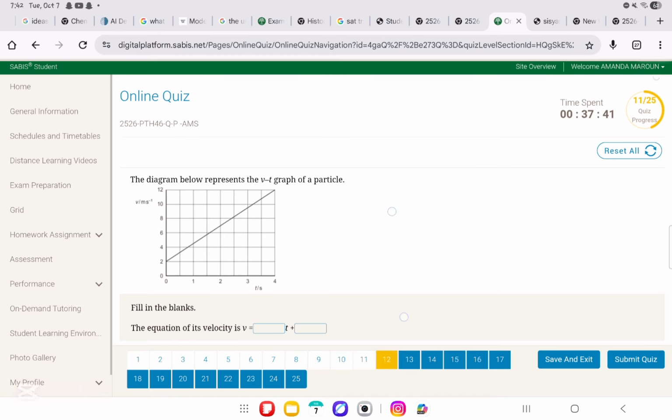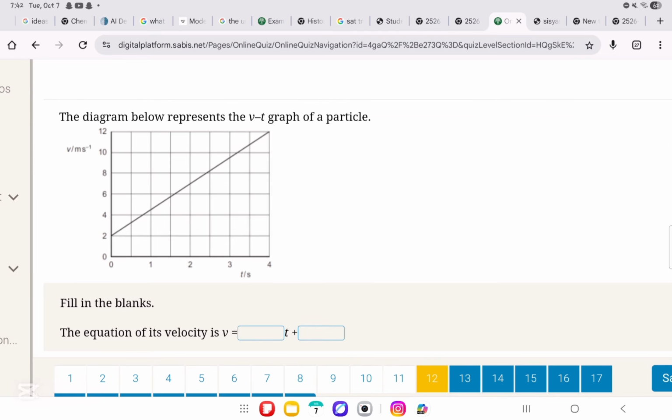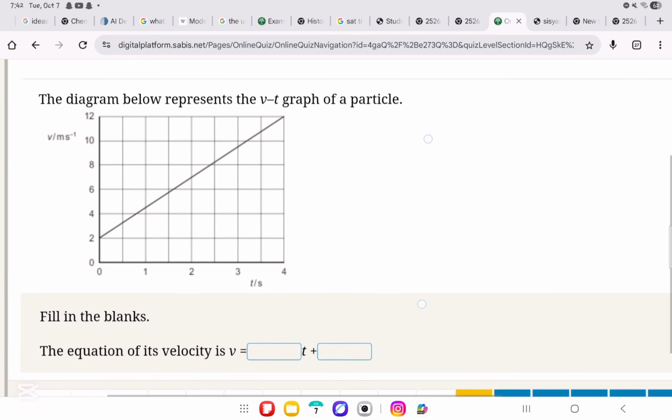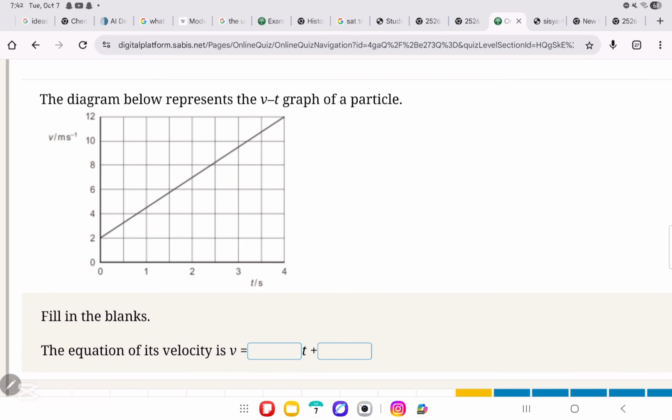Perfect. Question number 12. They told us that the diagram below represents the velocity time graph of a particle. The equation of its velocity is whatever. Now, I'll ask you something. A velocity time graph is an x, y graph, whatever. It's just a graph in general, and it has a slope. Do you remember from grade 8 or even grade 7 the equation of the slope?